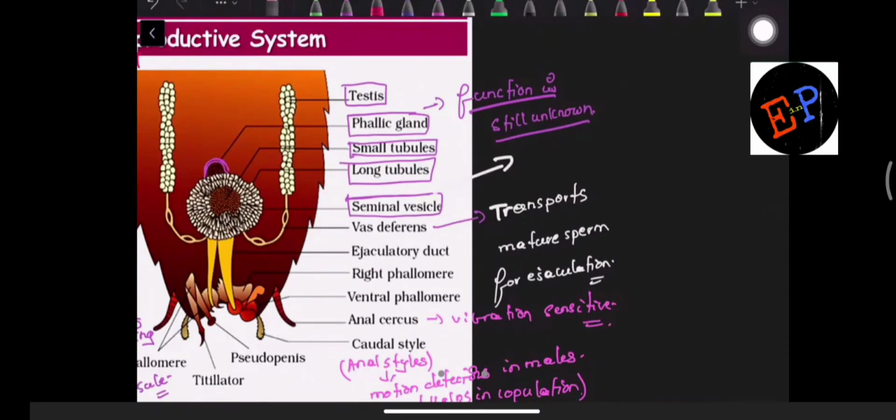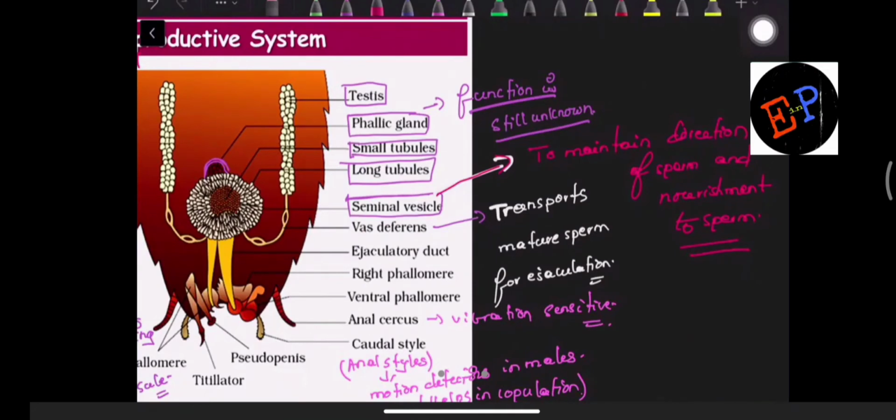So what is the purpose of seminal vesicles? To maintain the direction of sperm, and nourishment also to sperm. And also in the case of cockroach, a single sperm will not be present, a group of sperms will be present always.